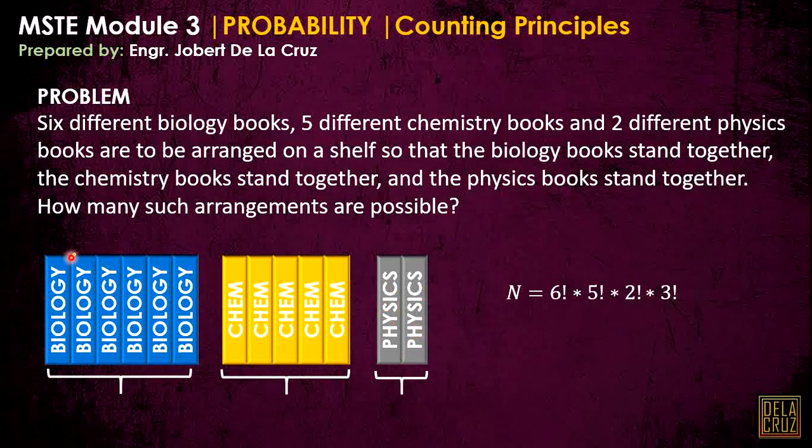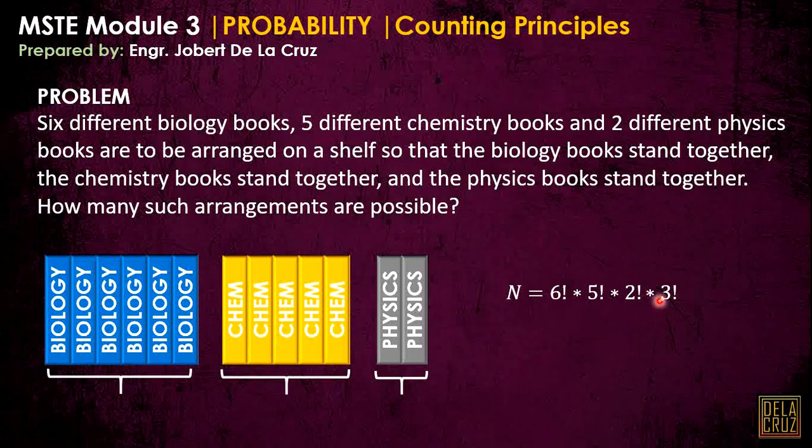We will count this whole biology book group as 1. We will count this as 1. We will count this as 1. Kaya nag-multiply tayo ng 3 factorial. Okay, I hope you get this. Basta naka-stand together or dapat hindi sila pwedeng maghiwalay, we will count that as 1 arrangement or 1 identity.